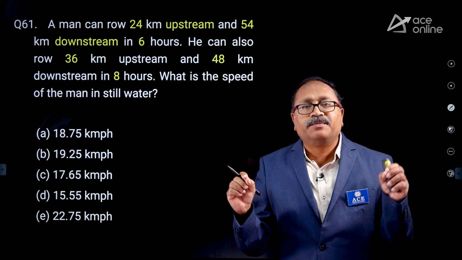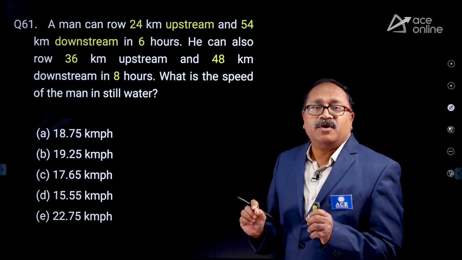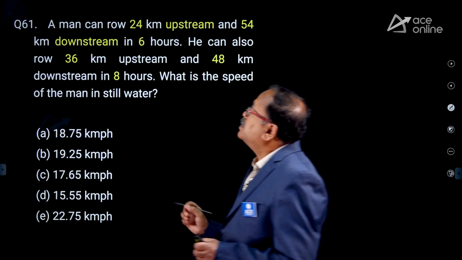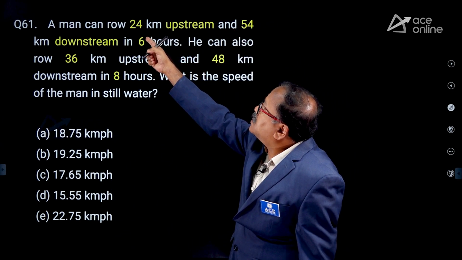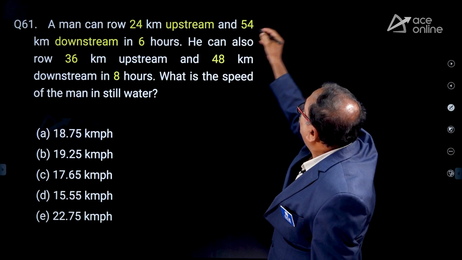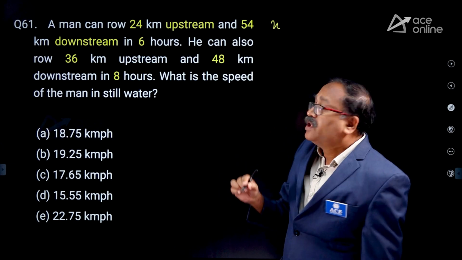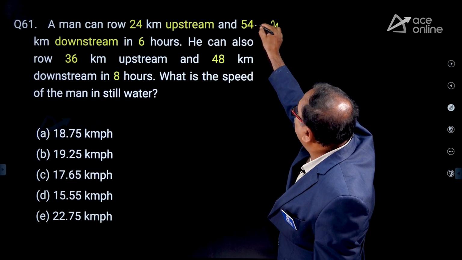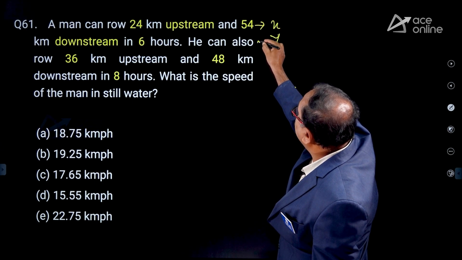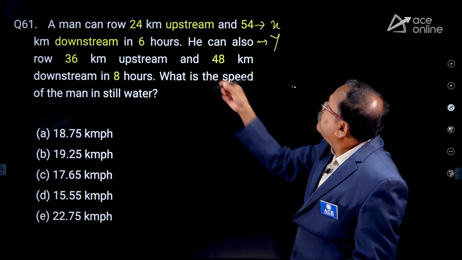It's a very stereotypical question, so whenever it comes in this format, let's complete this part. If I consider that x is the speed of the boat and y is the speed of the stream, this is the speed of the boat and this is the speed of the stream, then what is your upstream?